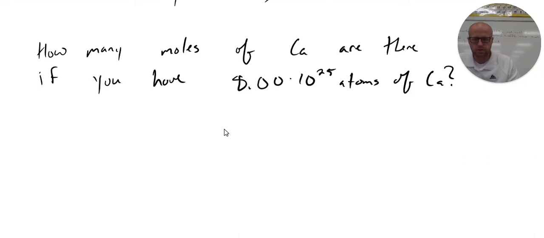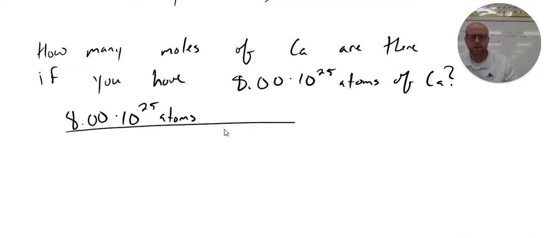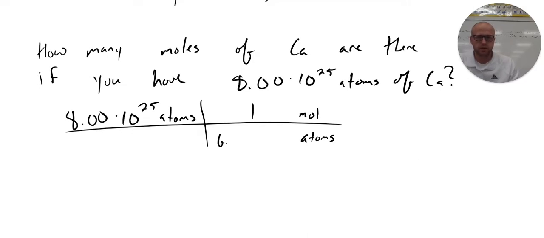We have 8.00 times 10 to the 25th atoms. I know I don't want atoms in my final answer, so I want to cancel that out. So I need to put it in the bottom. Do I know how many atoms are in a mole? Can I do a conversion factor between these two things? I can. I know that in every 1 mole, there's 6.022 times 10 to the 23rd items, and in this case, the items are atoms.